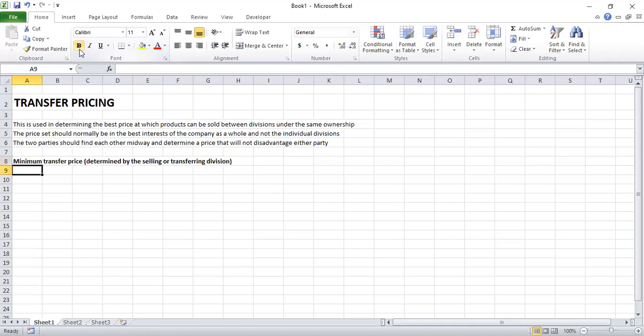In my example, that's the wood manufacturing division. They determine what is called the minimum transfer price. What is the minimum transfer price? This is the lowest price that can be acceptable for the supplying division.